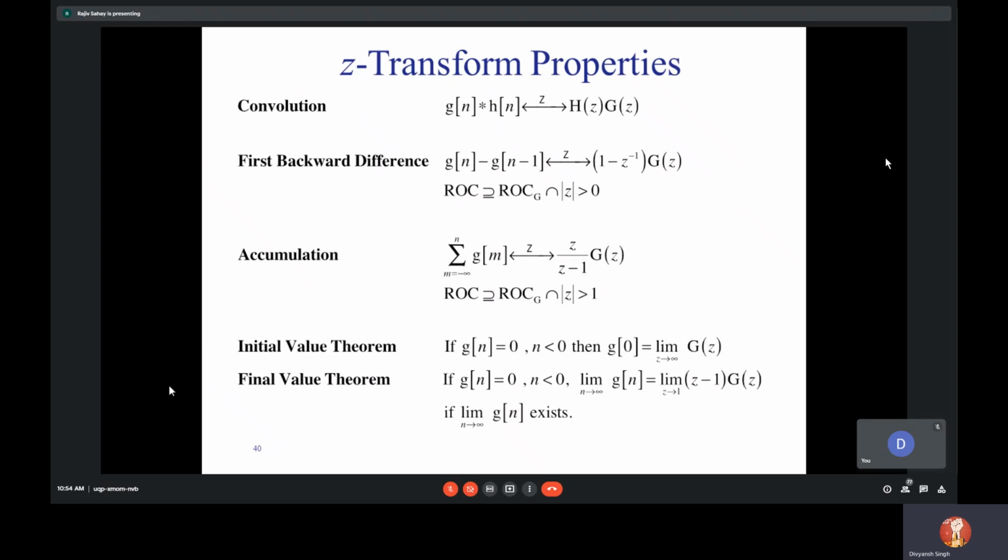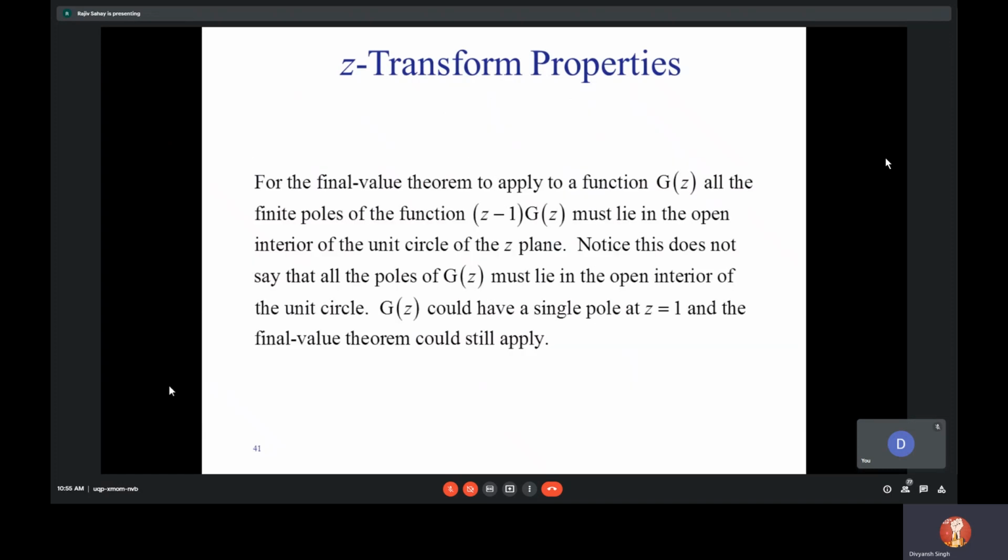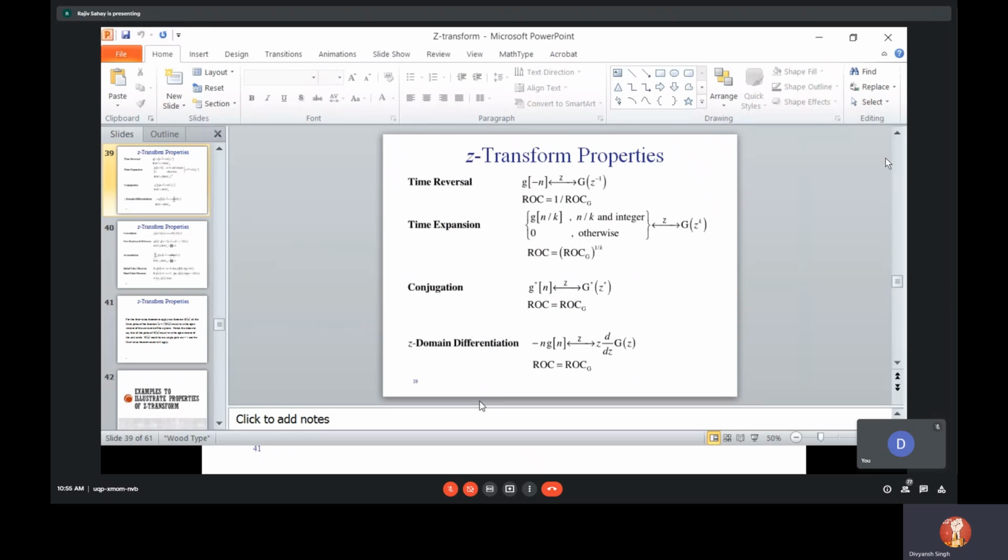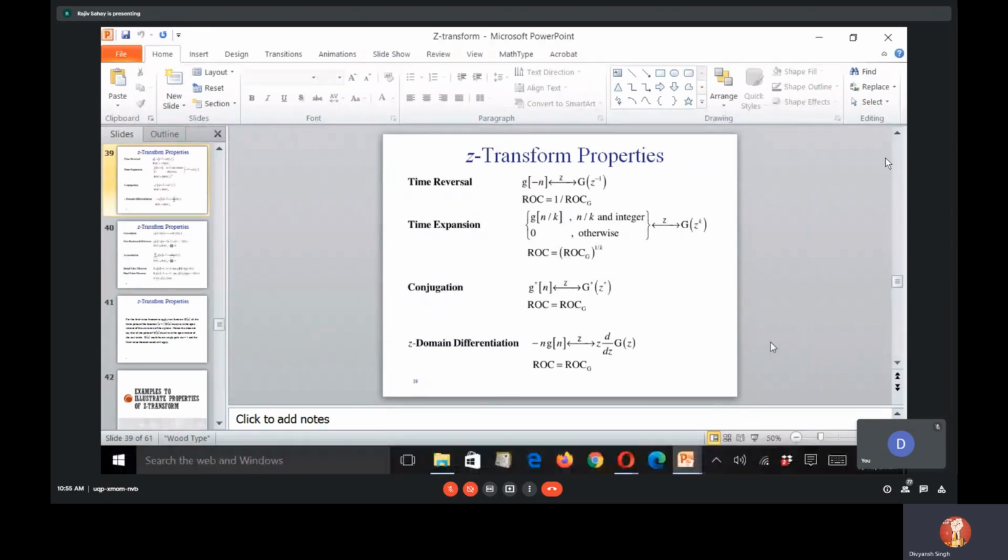Okay, fine. So there's a small catch here for the Z transform properties. We can just skip this for the time being and we'll come to it when you're working out problems.